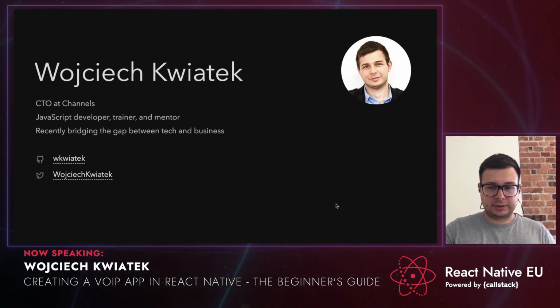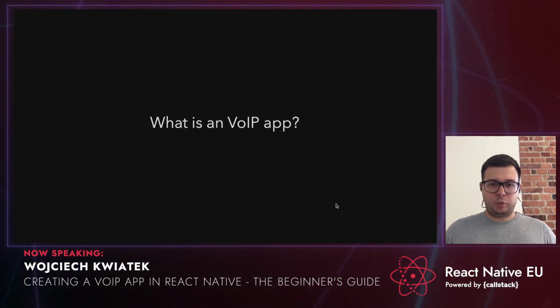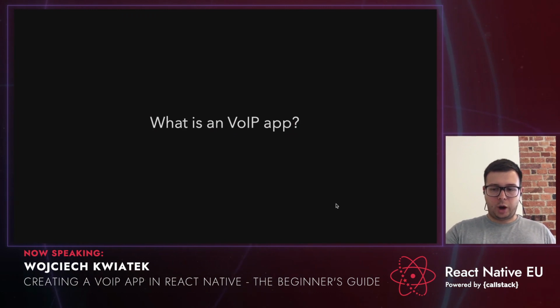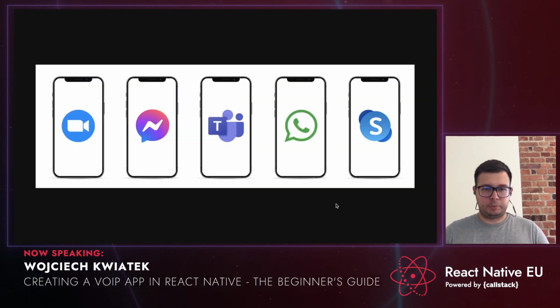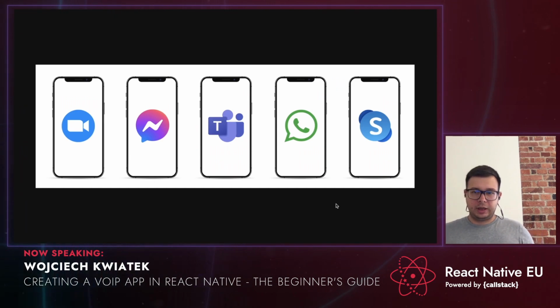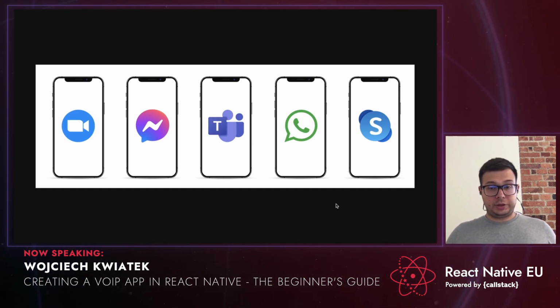Let's start with the topic. Just as the beginning, what actually is a VoIP app? When we talk about VoIP apps, you are probably thinking of something like Zoom, Messenger, Teams, WhatsApp, and Skype. These are some of the main apps used to connect two peers together.